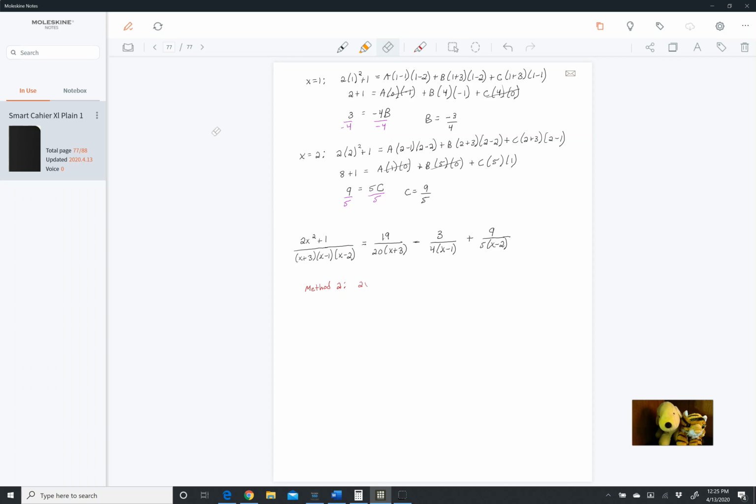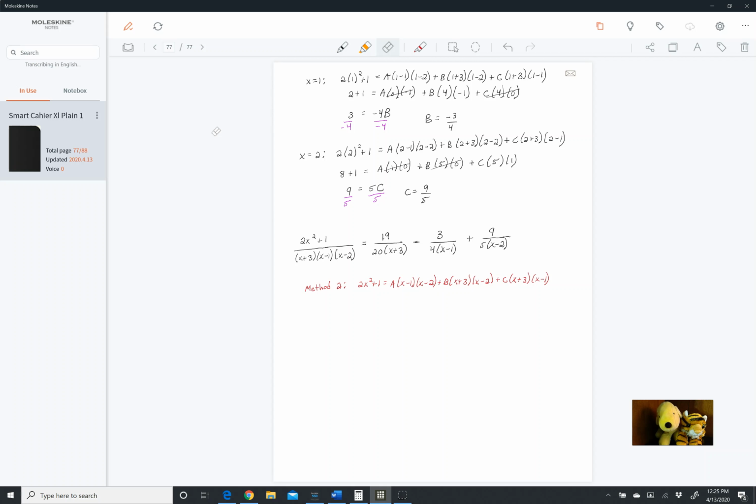So we had 2x squared plus 1 is equal to a times x minus 1 times x minus 2 plus b times x plus 3 times x minus 2 plus c times x plus 3 times x minus 1. So this is far more algebra heavy, as I said.